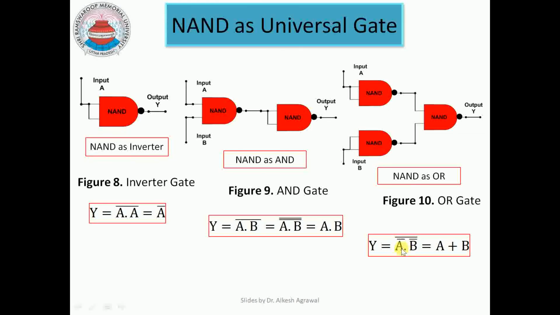So here, applying De Morgan's law, what we get is A or B. So this AND is inverted as OR. A inversion inverted is A, B inversion inverted is B, and what we realize is an OR gate. So in the slide we discussed that a NAND gate is a universal gate because it can be used to realize an inverter gate, an AND gate, and an OR gate.